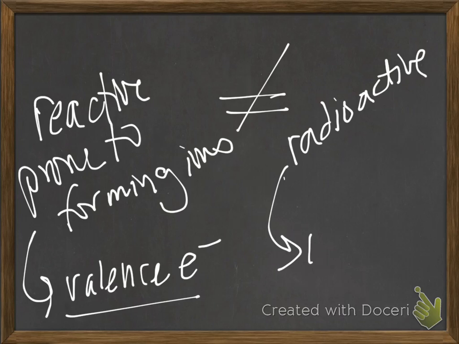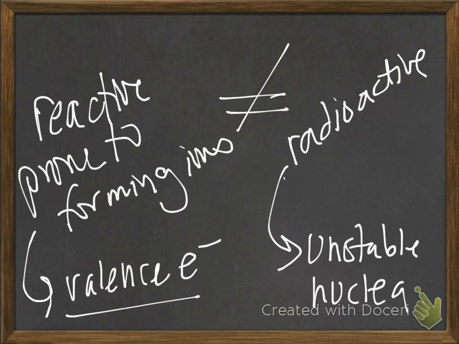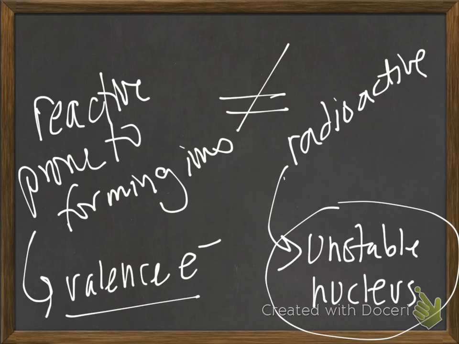This has to do with an unstable nucleus. So this is about an unstable nucleus. It's a proton-neutron thing. Being reactive and or being prone to forming ions is an electron thing.